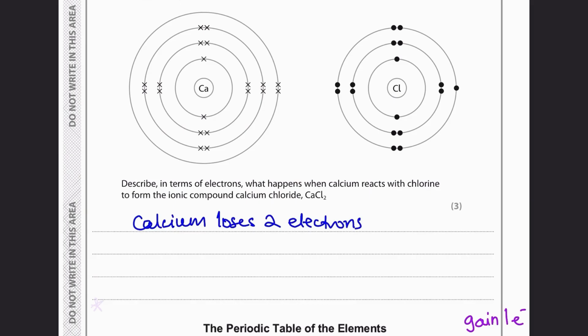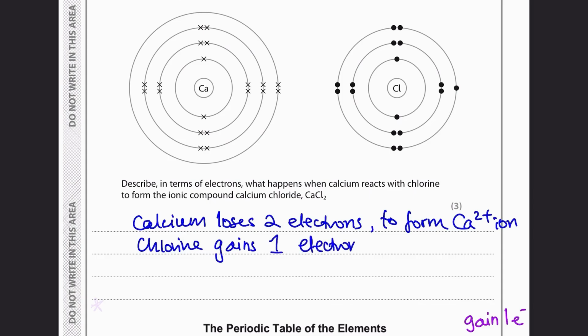and then to form calcium 2+ ion. Why 2+? Because you've lost 2 negative electrons, right? And then the chlorine gains one electron to form the Cl minus, which is the chloride ion.